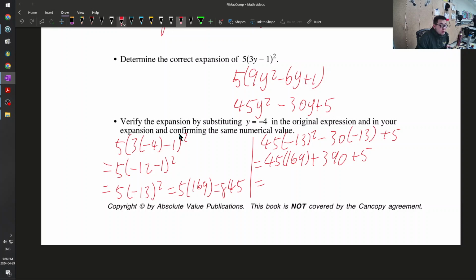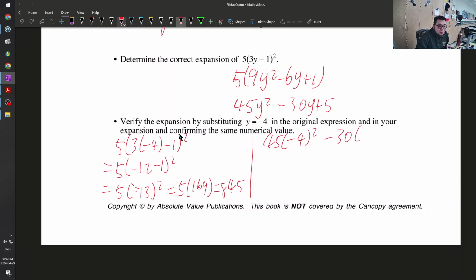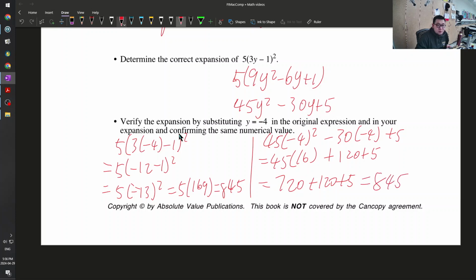Oh wait, where did negative 13 come from? Oh, oops, it should be negative 4. Oh my gosh. So 45 times negative 4 squared minus 30 times negative 4 plus 5. We get 45 times 16 plus 120 plus 5. We get 720 plus 120 plus 5 is equal to 845, and it checks out.